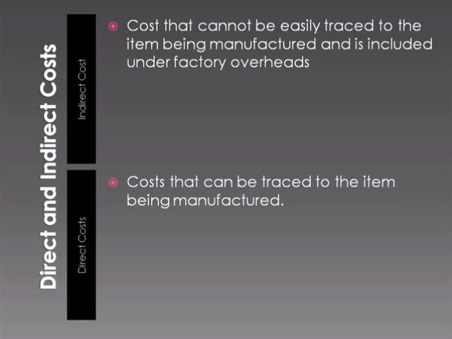Direct labor is, for example, the production worker, the person who is hands-on in the creation of the goods that will be sold. Direct expenses are, for example, the cost of designing the product, which would fall under direct expenses.